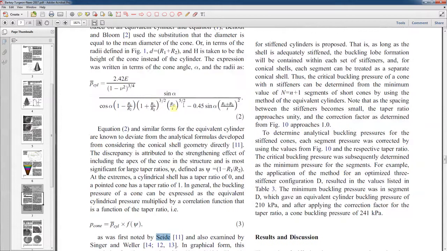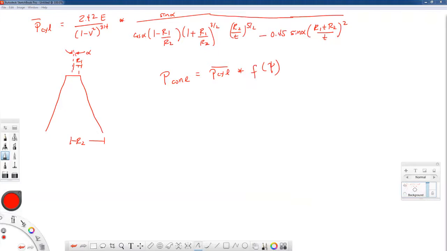And so that's this formula right here that I tried to write down. And the angle alpha is the cone half angle. So if you were to extend this to the apex of the cone, that's this angle right here. And then finally, the estimated buckling pressure for the cone incorporates this formula plus this function of psi that we just talked about, depending on what the taper ratio is.